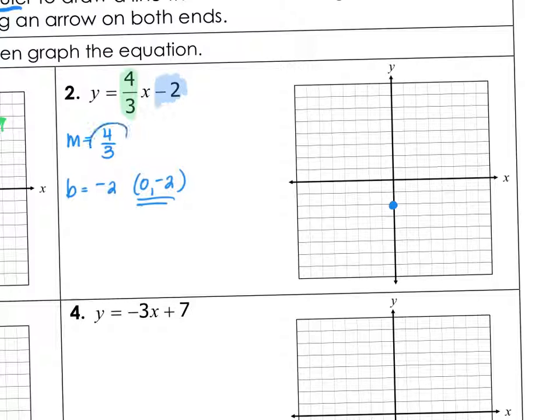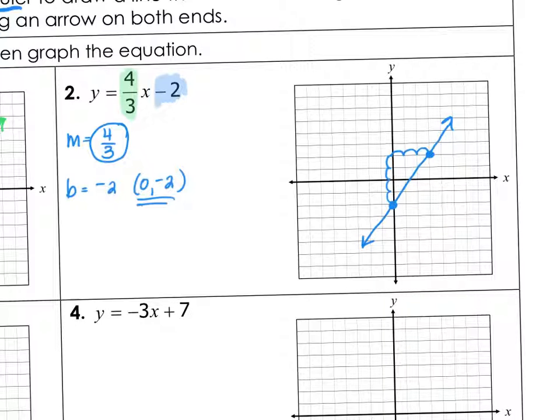And then I travel my slope to a new point. So from this point, I'm going to rise 4, run 3. My slope is positive, so I'm going to rise 4, 1, 2, 3, 4, and run 3, 1, 2, 3, and drop a new point. And then I graph my line.